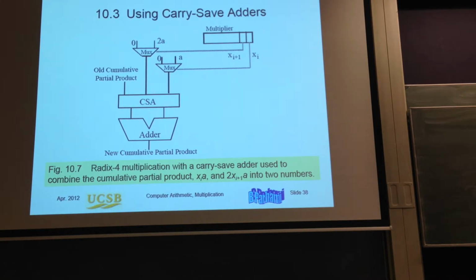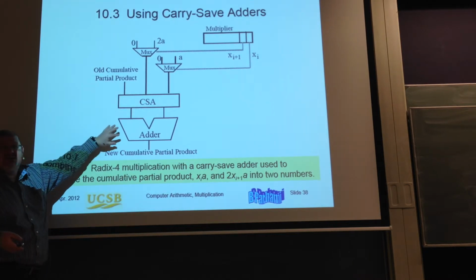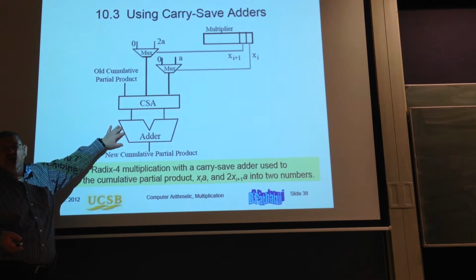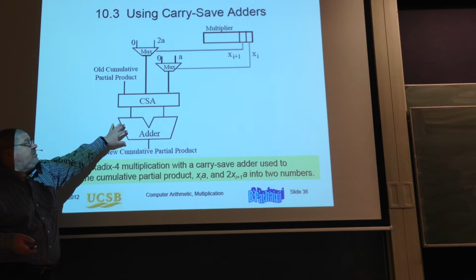Now, I can use carry save adders in many ways. This is a way to utilize carry save adders in order to generate 3A. And this is not exactly a very smart approach, and I would never do that in practice, because I'm still doing the accumulation on each iteration. It's just fixing the 3A problem.